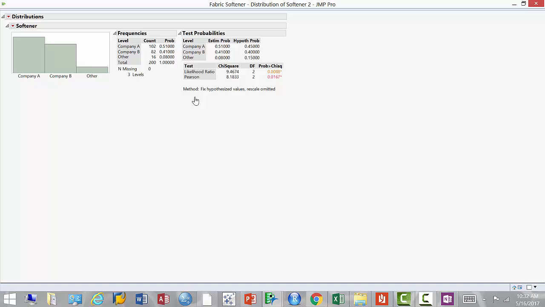It says, well, here are the results. Remember I told you at the beginning that this goodness of fit test sometimes is also called the Pearson goodness of fit chi-squared test, right? Do you see the Pearson line? And probability greater than chi-squared, that's your right tail of the chi-squared distribution, right? As we just discussed. Is that the same or is it different? 0.0167. That is the same, right?